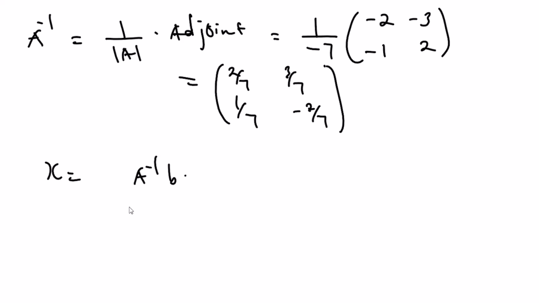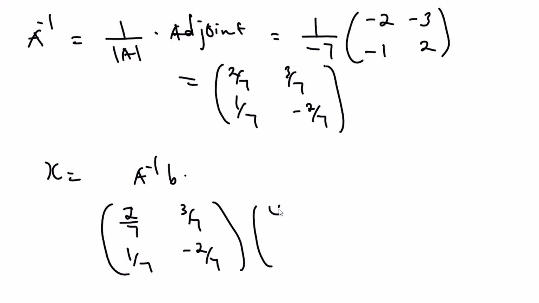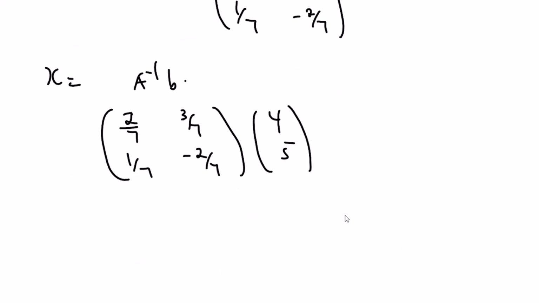b. So you have 2 on 7, 3 on 7, 1 on 7, -2 on 7, multiplying 4 and 5. How will we do this? Okay, so when it comes to multiplication of matrix, we take a row multiplied by a column, and this is just a column matrix.